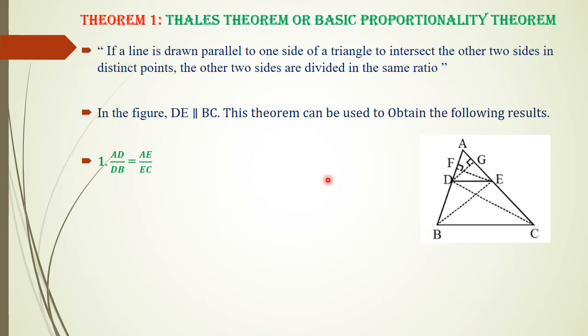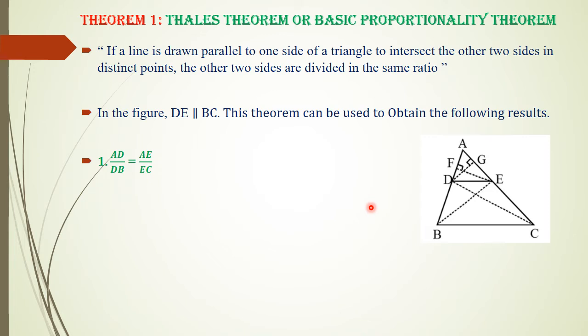Now heading towards the second result, you can see that there are two triangles formed here, that is ADE is one triangle and ABC is our original triangle. Now you can consider these two triangles as similar triangles, that is triangle ADE is similar to triangle ABC. We have already studied two triangles are similar if their corresponding sides have the same ratio.